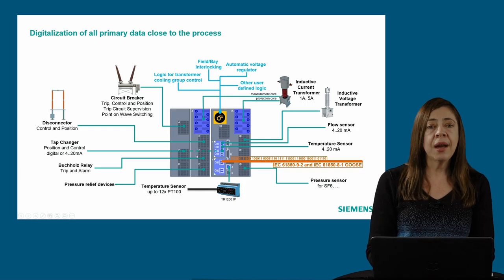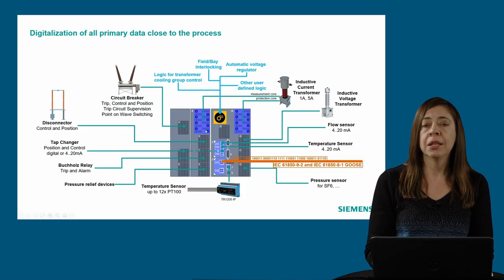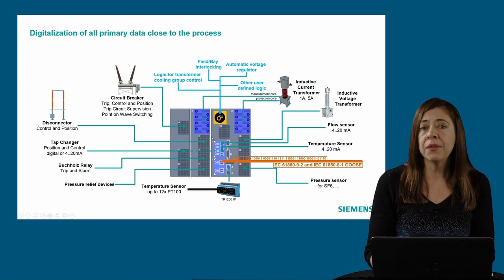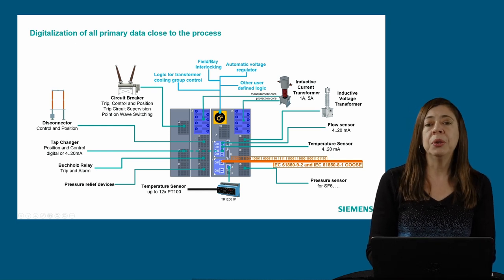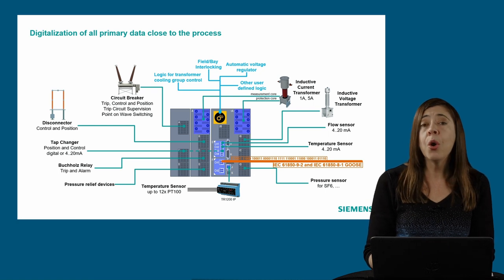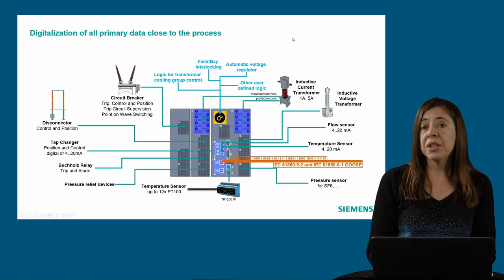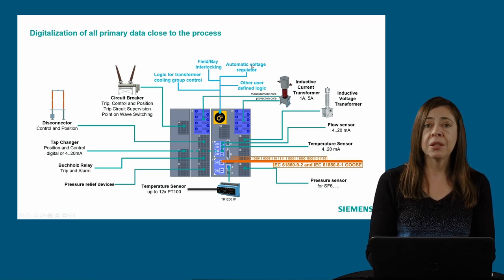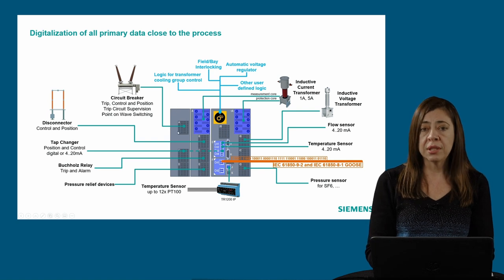And once you have all this information here in the merging unit, you can give it more power and add different types of protection functionality or control functionality. For example, the automatic voltage regulator, the interlockings of the bay, and even the control of the cooling system.